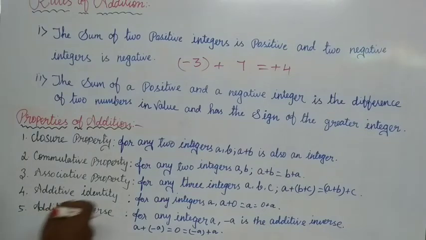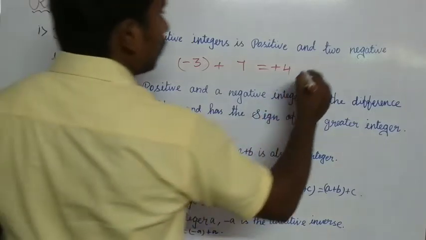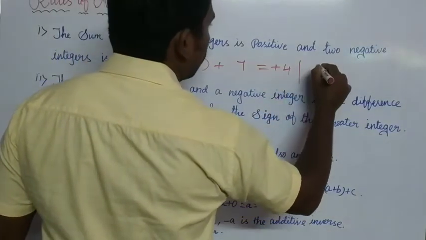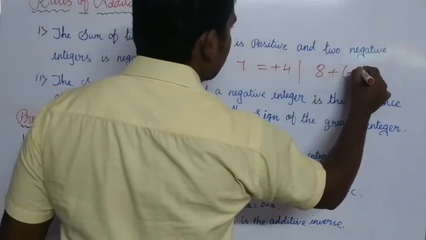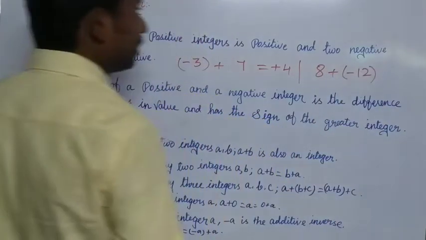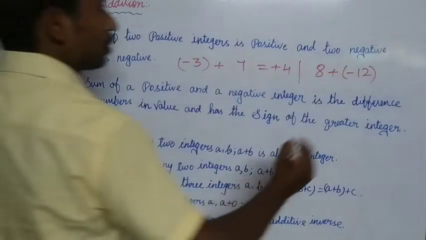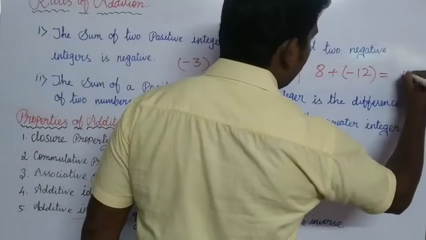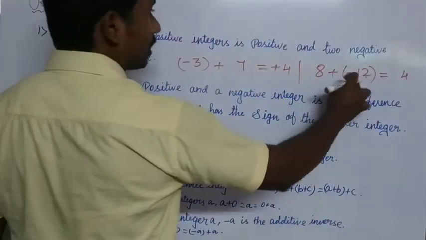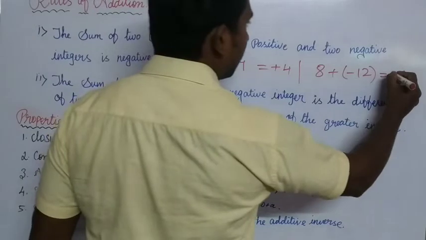ஓகேவா? Now one more example. 8 plus minus 12. So 8 and 12 ஓட difference பாத்தீங்கன்னா நமக்கு என்ன வரும், 4. Then greater number ஓட சைன் என்ன இருக்கு, minus இருக்கு. இப்போ minus 4.